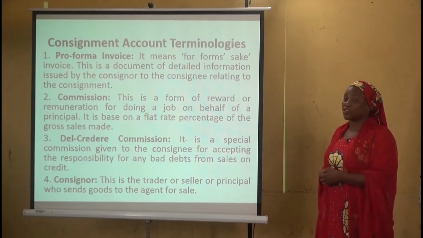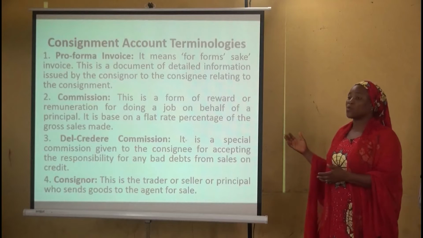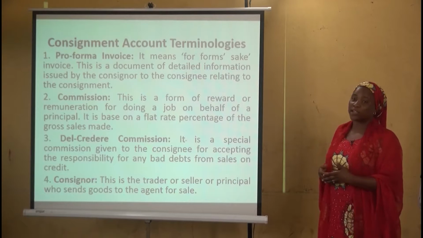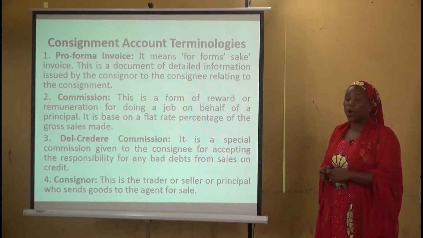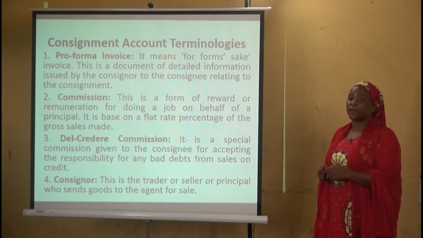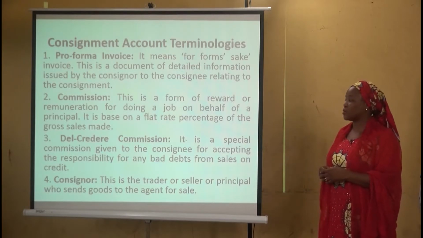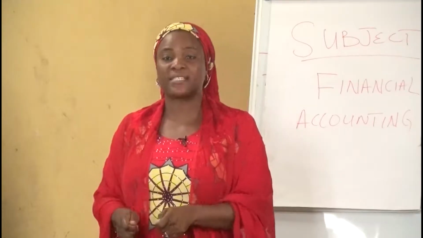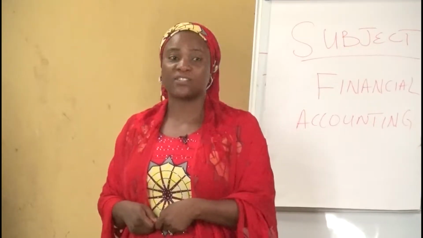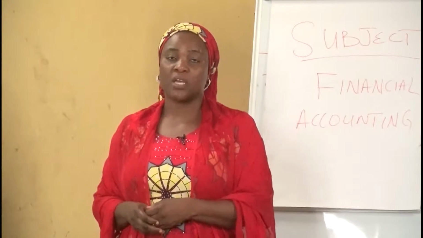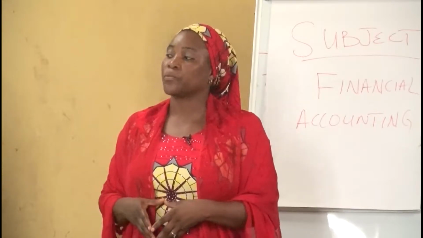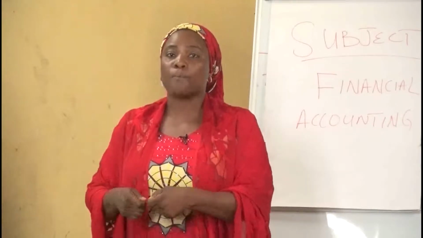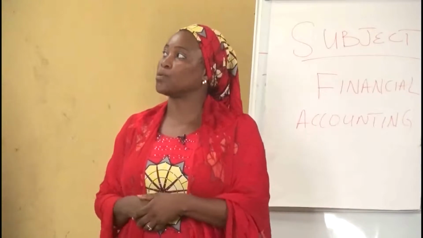In your objective questions, my students, you mostly see questions on consignment, where you'll be asked, what is a consignor? A consignor is a trader or a seller or a principal. These are names of the consignor in consignment account. A consignor is a person that sends goods to an agent to sell on his behalf. A consignee is the agent that sells the goods on behalf of the consignor.